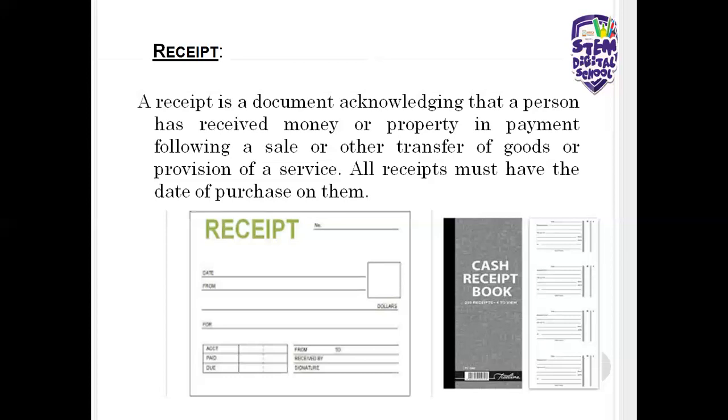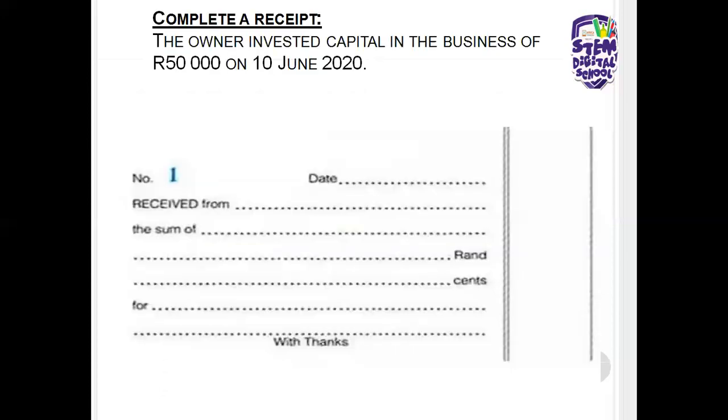Every time the person writing out the receipt will tear off the top part, that's the original one, giving it to the client or the person that was giving the money, and automatically there will be a duplicate in the book, and then the business will complete their journals from the duplicate that is inside the book.